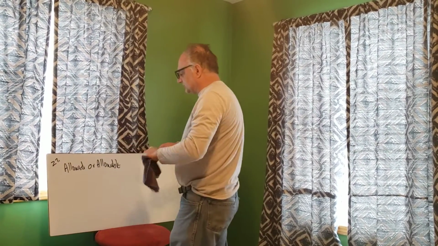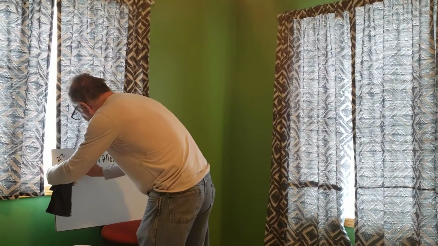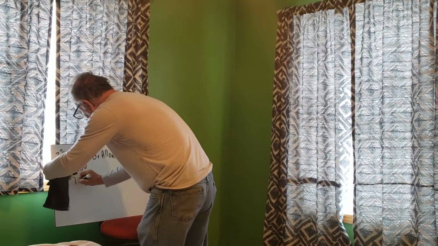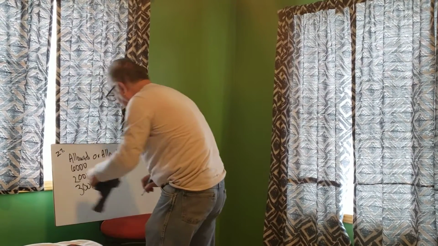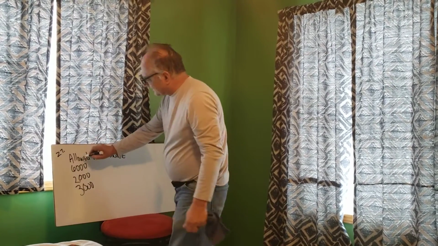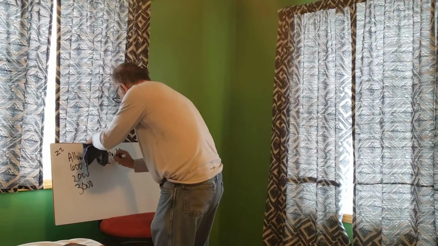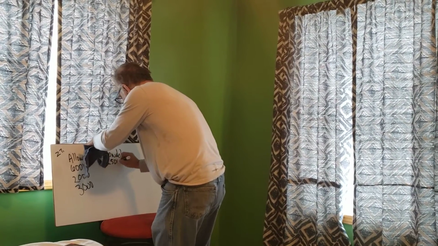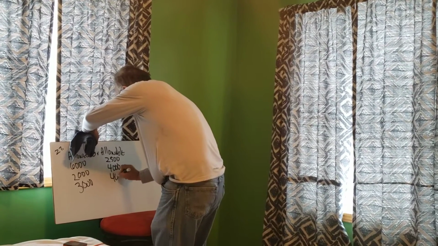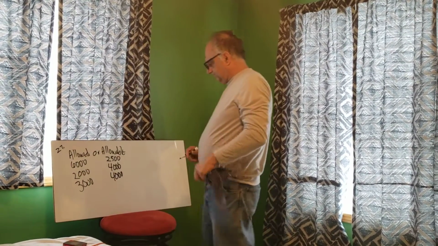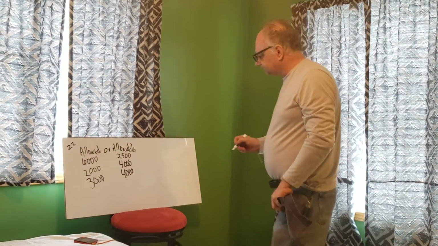if my allowed depreciation is, for example, 6,000, 2,000, 3,000, and that is the amount that I actually took, and my allowable depreciation is 2,500, 4,000, 4,000, I have to take the greater of those two year by year.